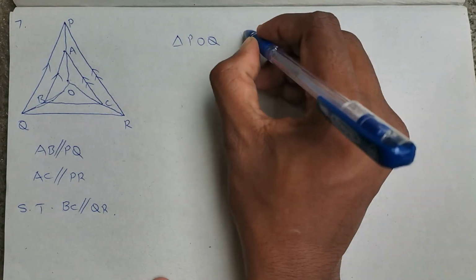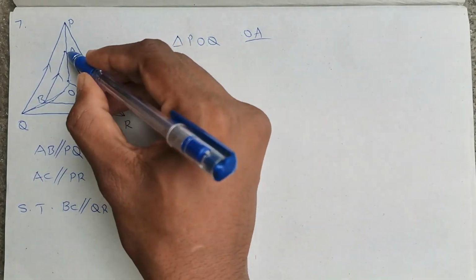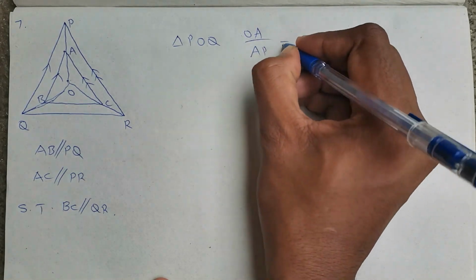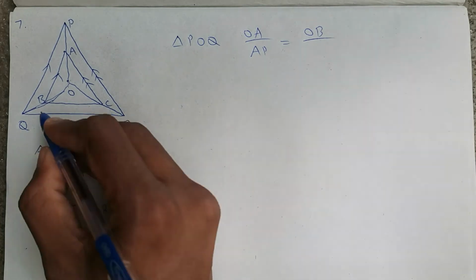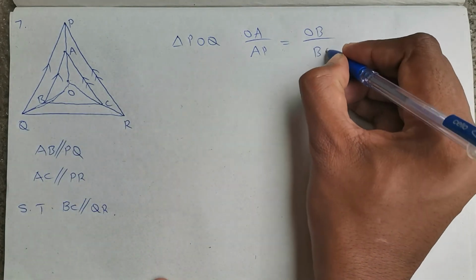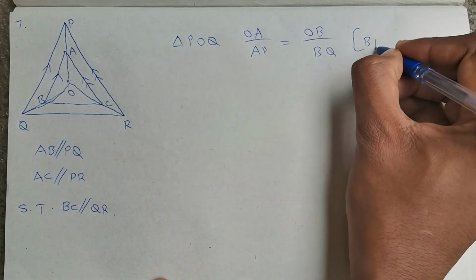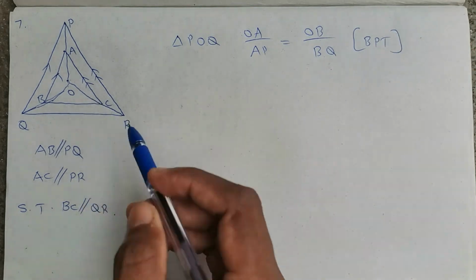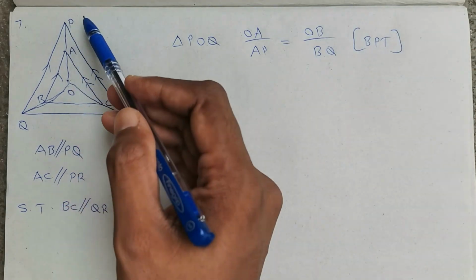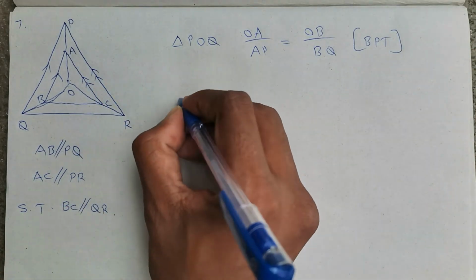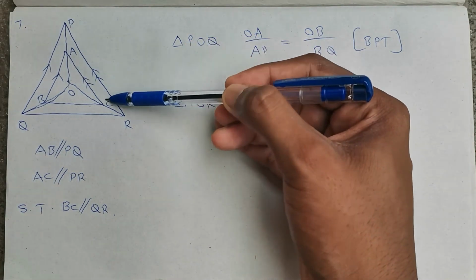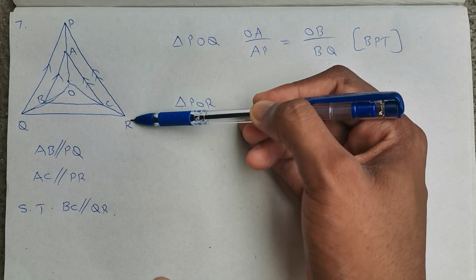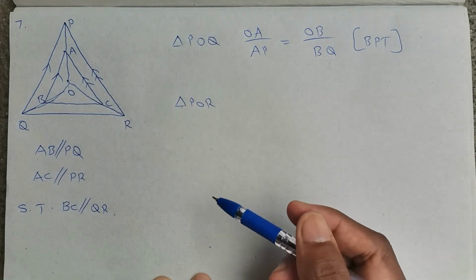Upper part OA divided by lower part AP is equal to upper part OB divided by lower part BQ. This is by BPT. The same way here, right side part also, POR triangle. In triangle POR, AC is parallel to PR. I will apply BPT again for this.